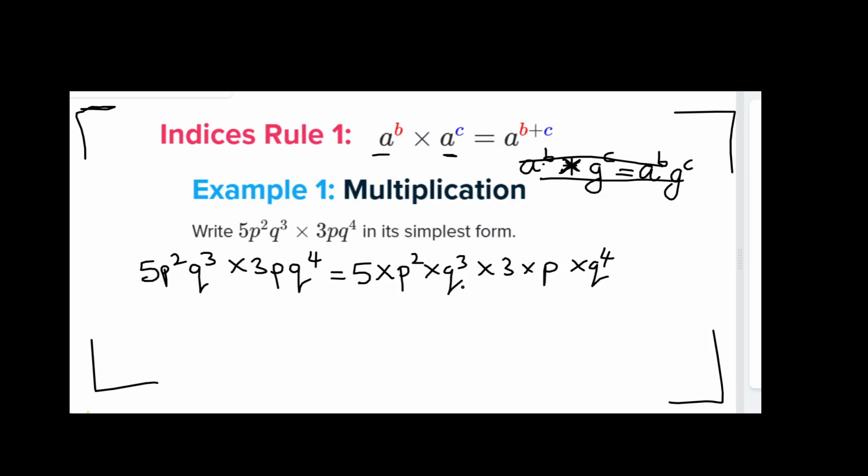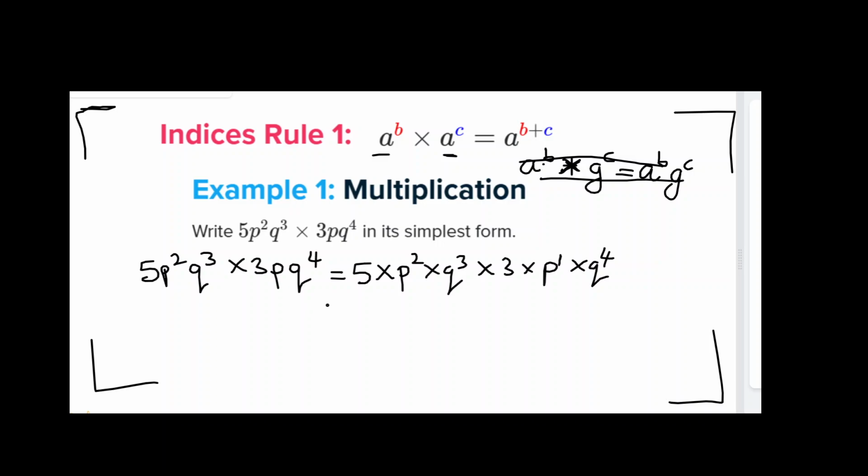That's literally what all of this means, right? That p by itself, we can write it as p to the power of 1. Remember, I've said before that when something is to the power of 1, or when something is on its own, there is an imaginary 1 there that they don't write down, but it's there.